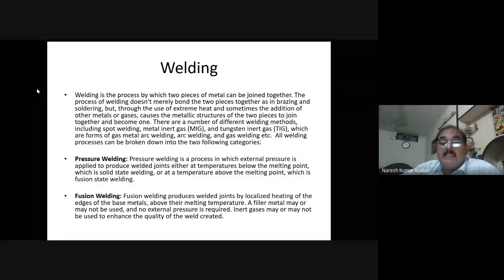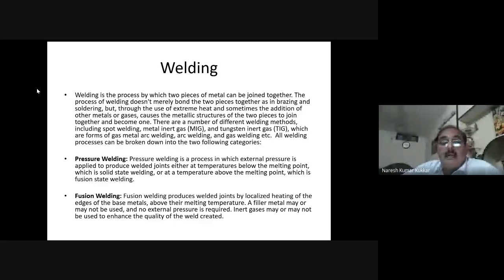Because of the metallic structure of the two pieces to be joined together and become one, there are a number of different welding methods, including spot welding, metal inert gas (MIG) welding, and tungsten inert gas (TIG) welding. These three types of welding are basically used: spot welding, MIG welding, and TIG welding. You must understand this point: metal inert gas means MIG welding, a commonly used word.